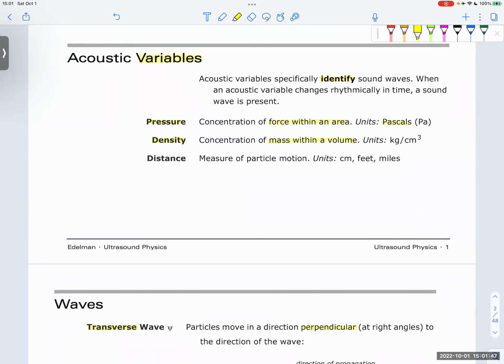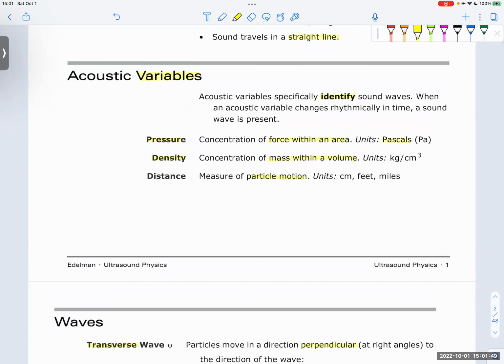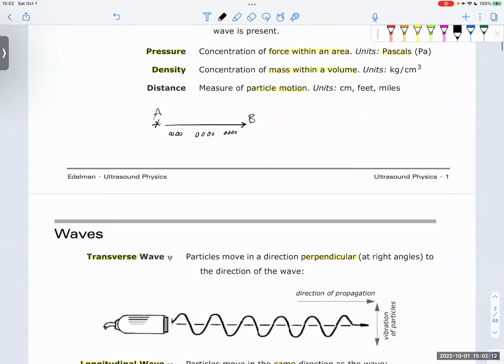Now, distance is what we call particle motion. So as we said, you have point A, and then these particles are being vibrated to move to point B. So this motion of these particles over time will result in some distance. So that is the particle motion. So that's for the acoustic variables.